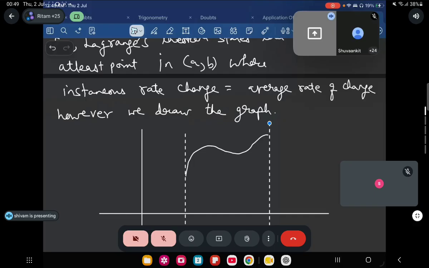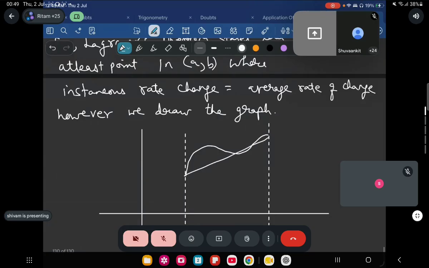If you draw the graph like this between A and B, this is the slope of the chord.